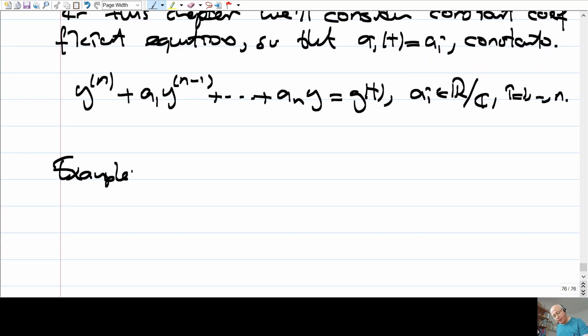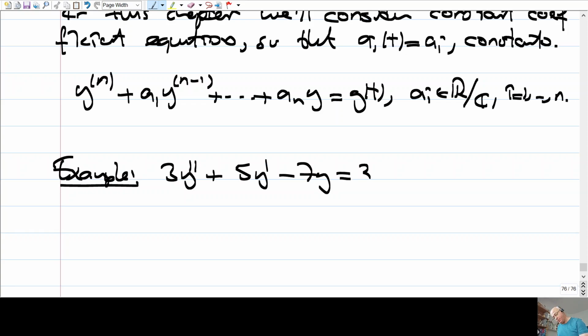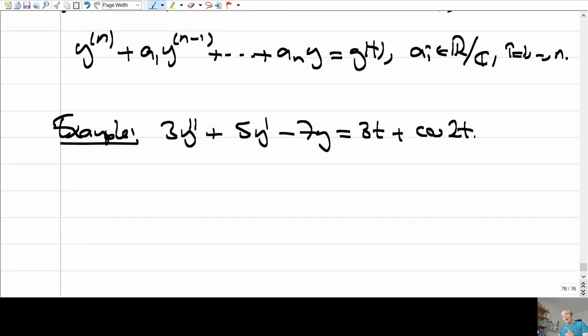Let me write down an example, something like this, for example. An example of this type. All right, so how to solve such equations?